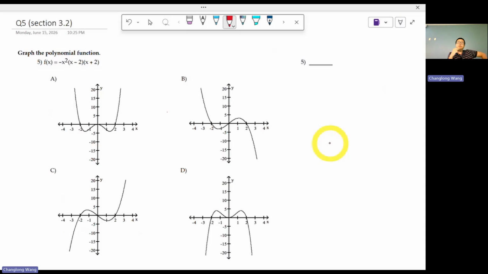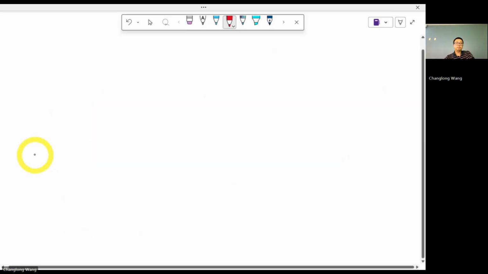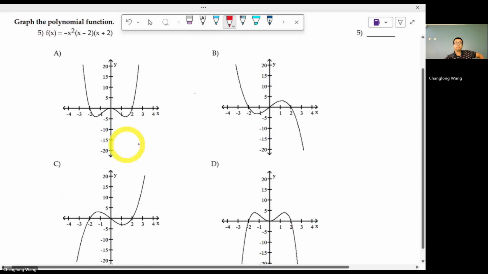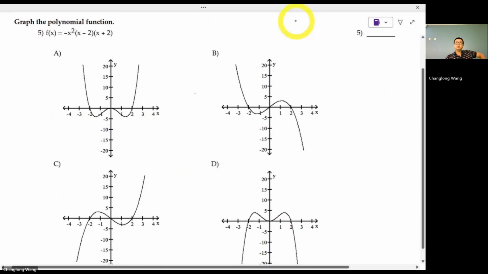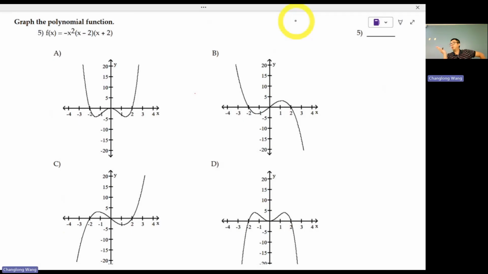Now, once again, can you guys tell me the degree of this polynomial? How much do you think it is? Degree 4, so it's an even degree. For an even degree polynomial, when it comes to end behavior, remind yourself it will be something like plus or minus x squared.